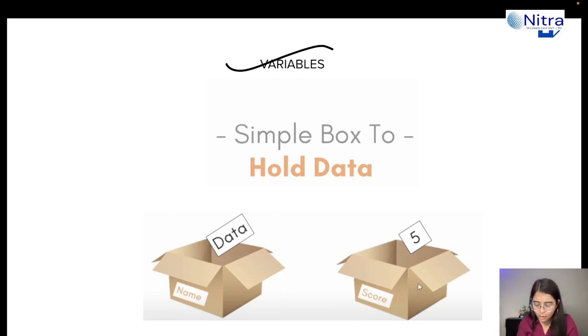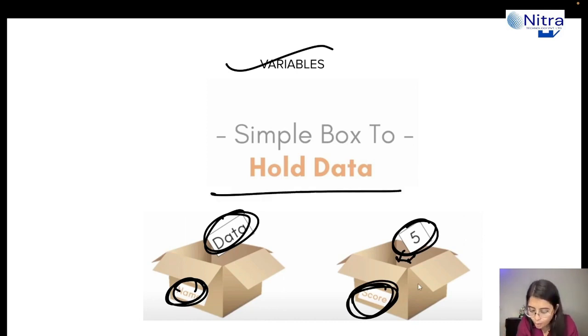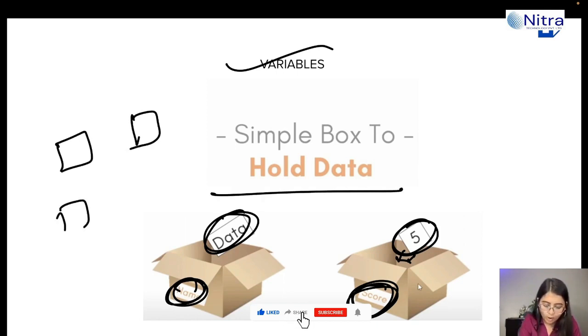So some data was present in the box, and they gave a name to that. Let's say 5 is present, or some stuff is present, and if I call it with the name of a score, kind of this is the purpose of a variable, to hold data.